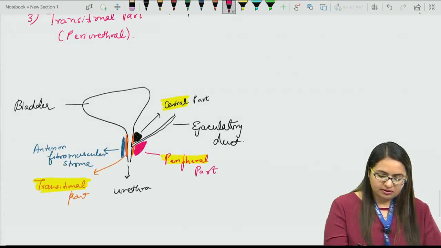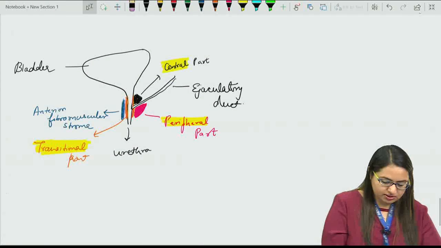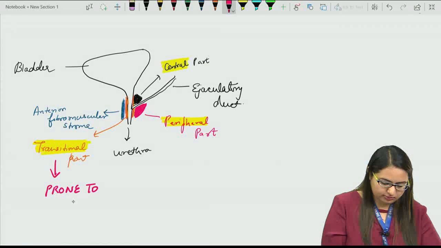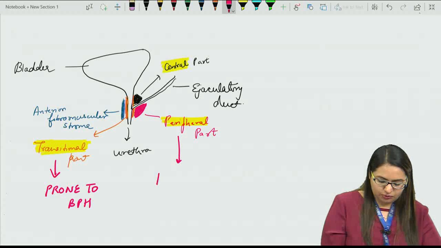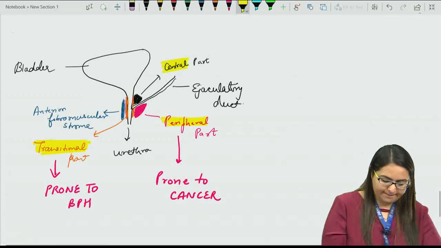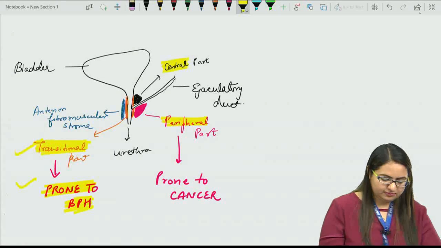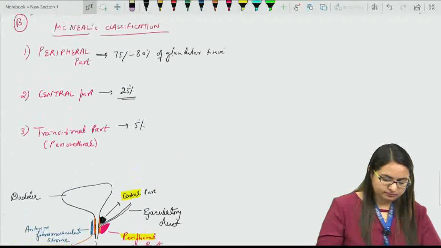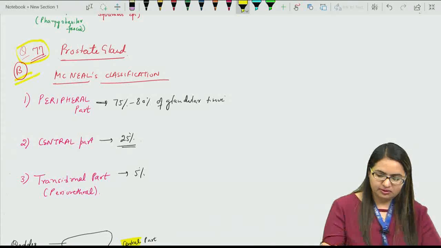Among these, the one which is prone to benign prostatic hypertrophy is the transitional part, it is prone to BPH, and the peripheral part is the one which is prone to prostatic cancer. So the answer for question number 77 is B.